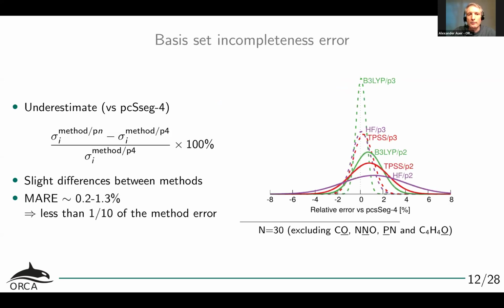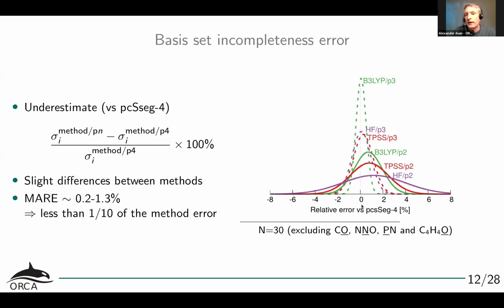Now for basis sets, there is a specific hierarchy of basis sets called the pcSseg basis sets by Jensen et al. These are basis sets which are specifically optimized for chemical shieldings. And there is also the pcJ basis set specifically optimized for spin-spin coupling constants. So use these basis sets in conjunction with your functional of choice.